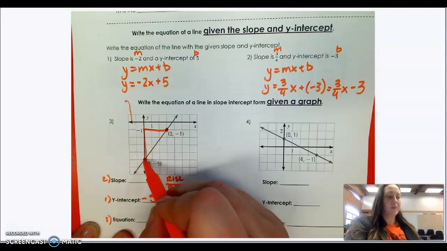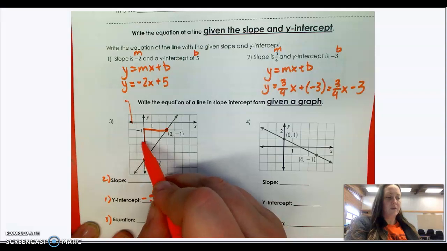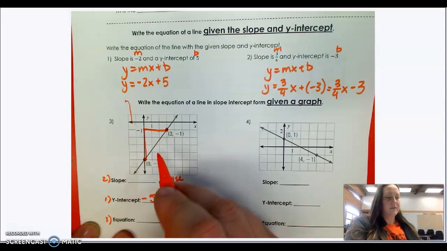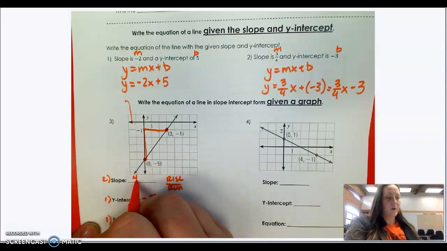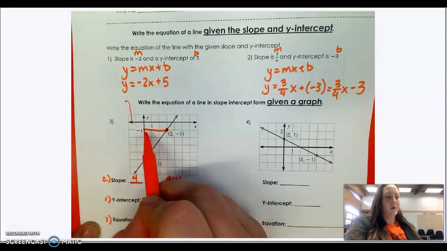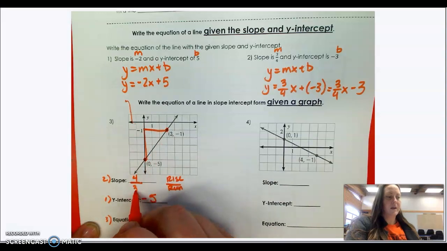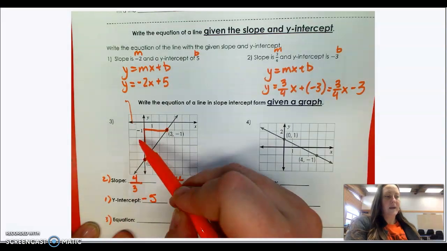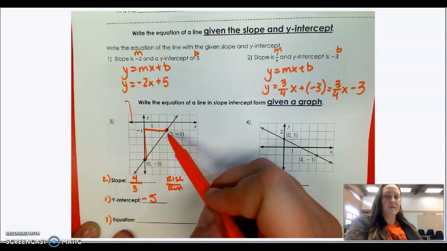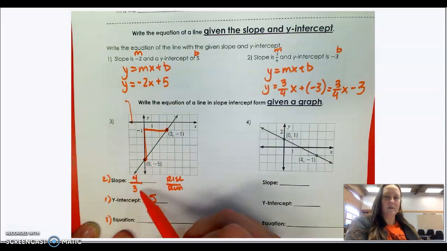So from the point here, I will rise 1, 2, 3, 4. So my first number is 4 over my run, 1, 2, 3, 4 over 3. Because I moved vertically up and to the right, both are positive numbers, so my slope will be positive.